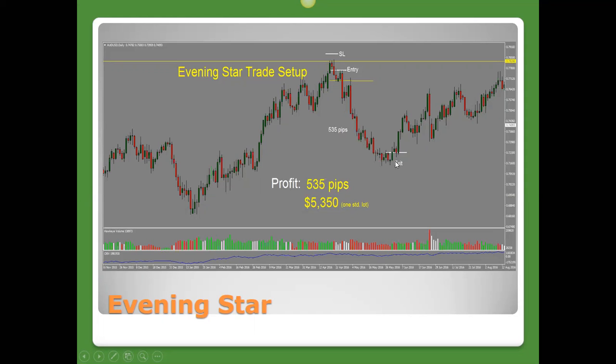It just kind of rounds off at the bottom. So that's called the compressed move, where price just slows down. Here it's very parabolic, it moves down quickly, and here it just sort of rounds off. And then normally when this happens, we're likely to see the price go up again.